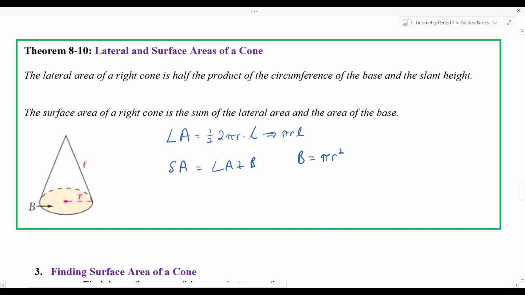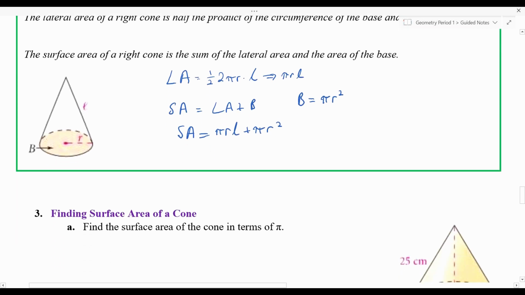So essentially we can say that the surface area of a right cone is going to be pi r times L plus pi r squared. So that is what the surface area of a right cone will be. Okay, now let's take a look at our first example here.